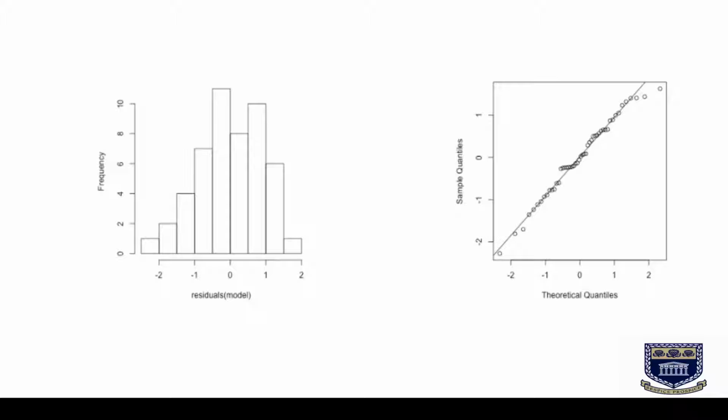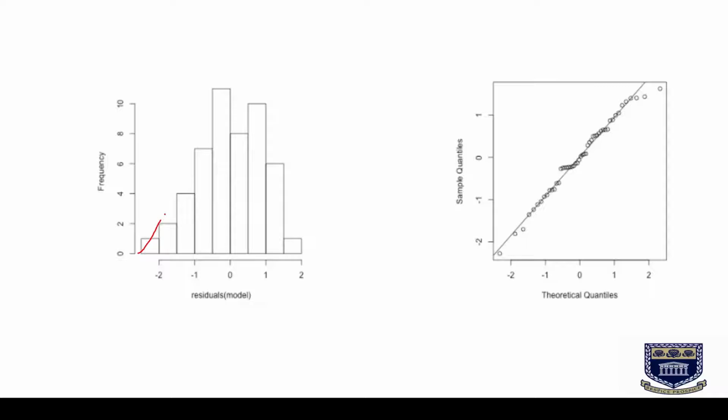Now, of course, these days we don't actually graph these things by hand. We do so using computers. And these images show you an example of either of the two tests just mentioned. On the left, you have a histogram. By the way, I borrowed these from the Penn State University website. The image on the left shows you the histogram method. The idea is that you plot the histogram of the residuals and you check whether it more or less looks normal.